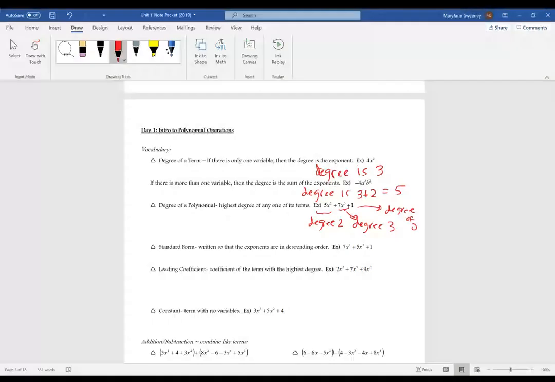And that's because you could write it like 1x to the 0 power, because anything to the 0 power is 1. So then that would go back to 1. So the degree of this polynomial is 3, because the highest degree of any one of its terms is 3.